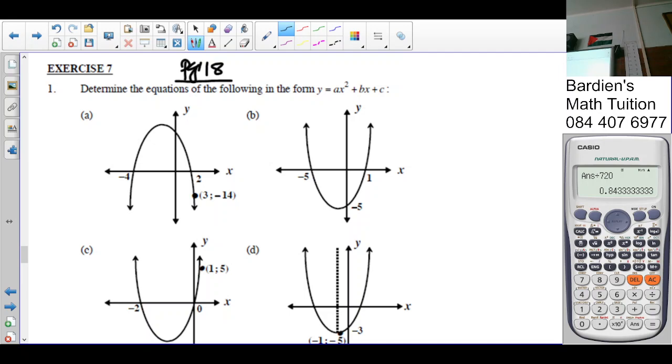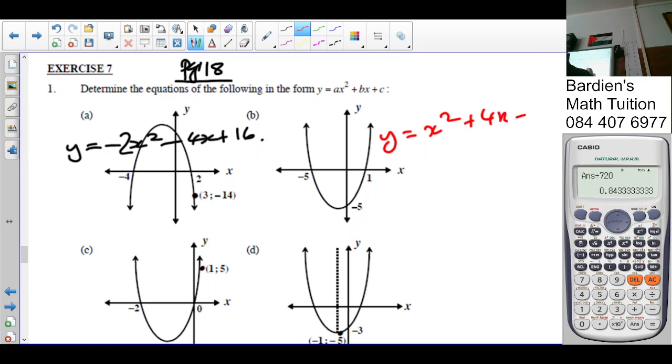So there's no problems with 1a. What's the answer to 1a? Y equals negative 2x squared minus 4x plus 16. What's the B's answer? Y is equal to x squared plus 4x minus 5.